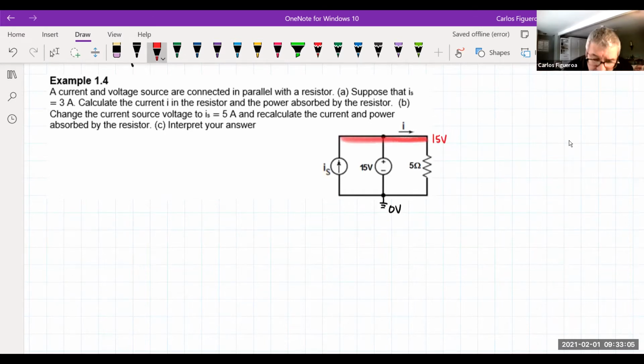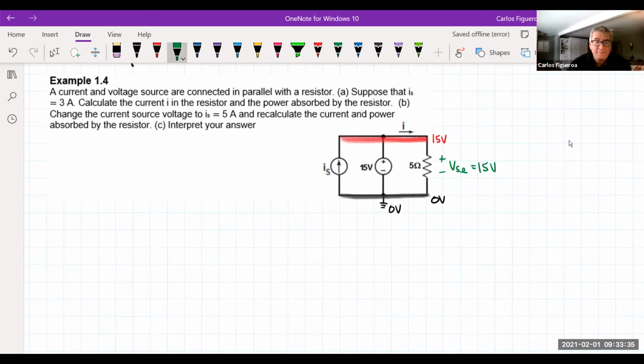So in other words, what the voltage source does is fix the voltage across the 5 ohm resistor, right? Because what else could it be? If this whole line here is 0, and we can see that there's only one resistor between the high and the low, this immediately tells us that the voltage across the 5 ohm resistor must be 15 volts.